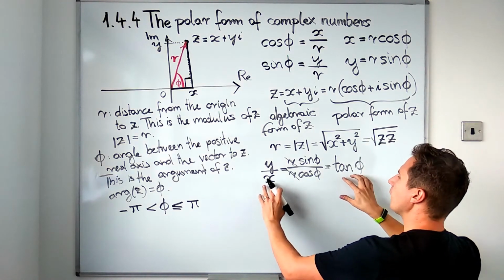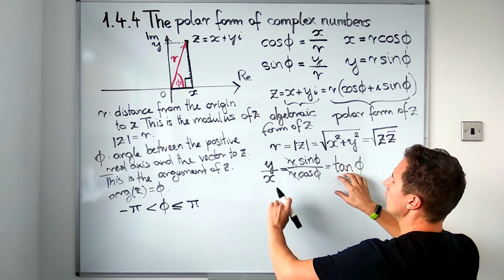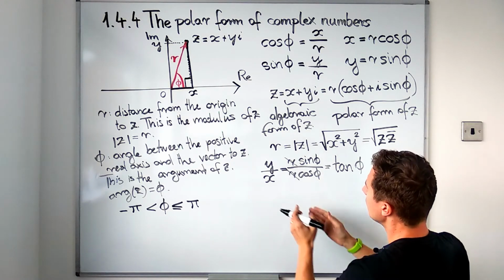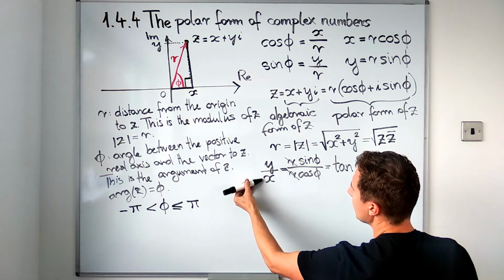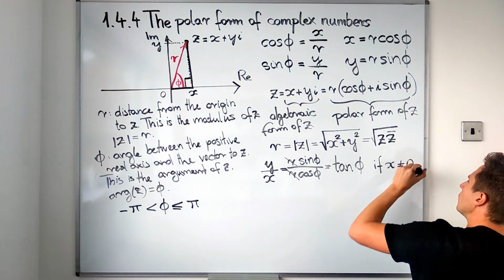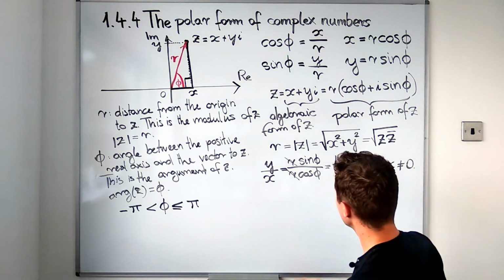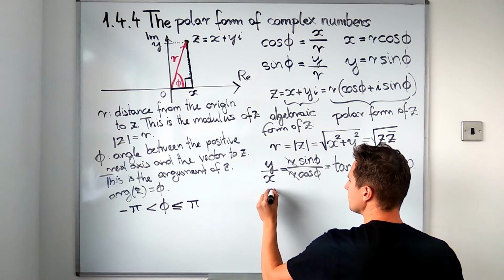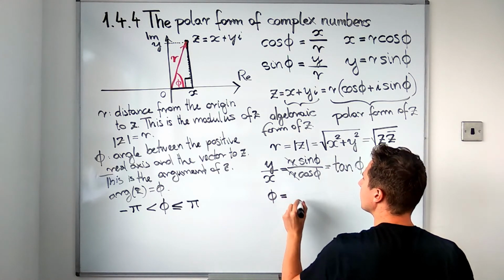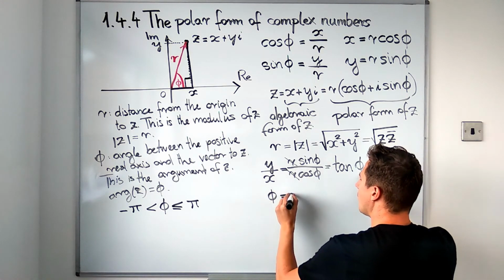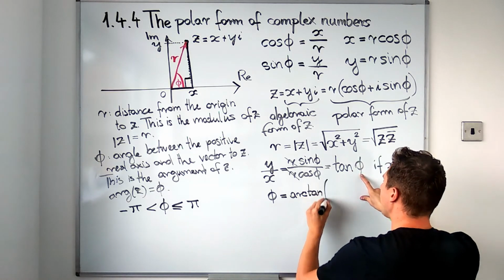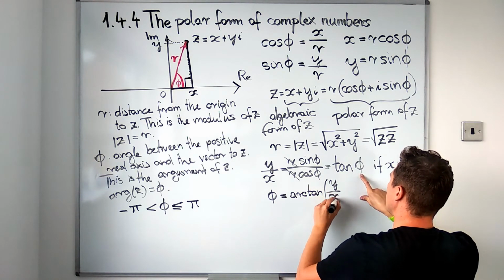Well, in order to do that, we have to apply the inverse function of the tangent function to this relation to find this angle. But you might have already noticed that this relation only makes sense if x is non-zero, because we don't want to divide by 0. So we have to take a few things into consideration, but we can, in short, say that phi is the arcus tangent, that is the inverse of the tangent function, applied to y over x.